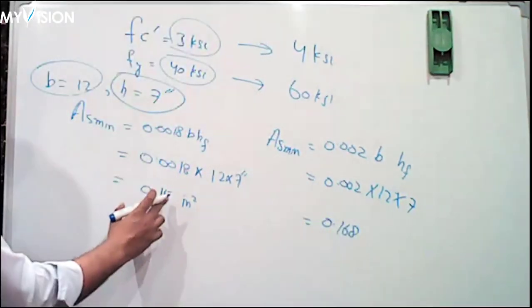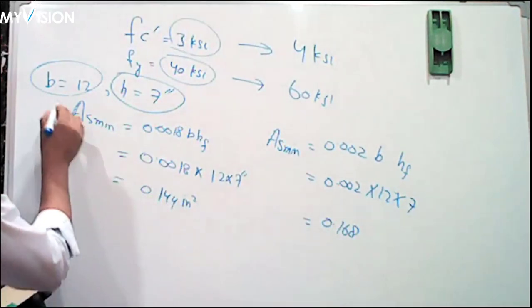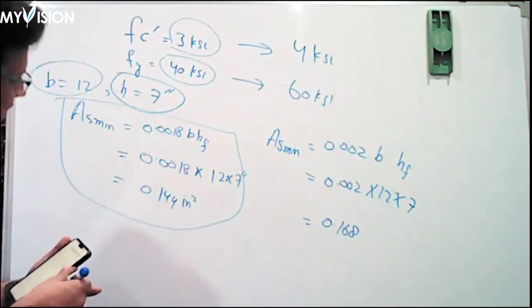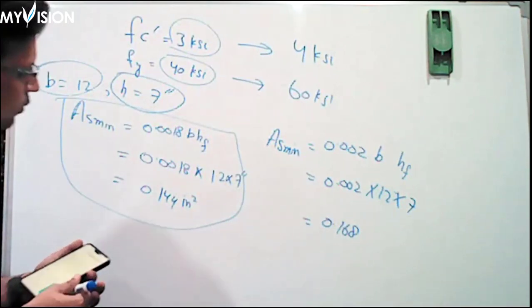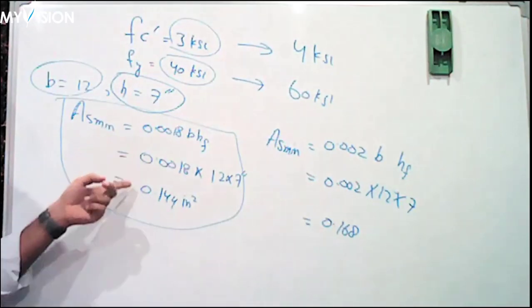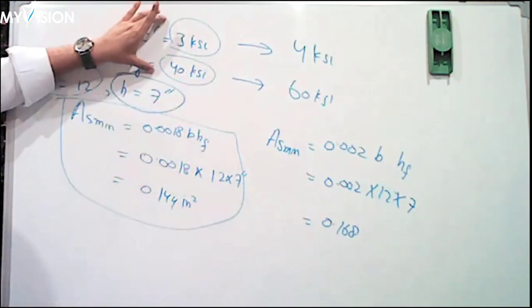It means 0.144 or 0.15. This is the exact formula that we are using in this question, that is 0.0018 BHF. So it depends on your choice.